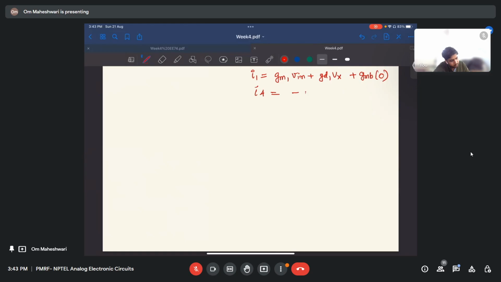I4 is minus GD4 Vy. It is minus GD4 KV out. Okay, so I'll do I1 equals to I4. GM1 V in plus GD1 Vx equals to minus GD4 KV out.